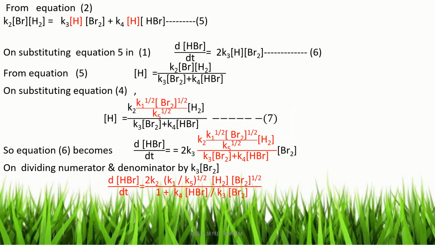Now on dividing numerator and denominator by K3[Br2], we get this equation for d[HBr]/dt, cancelling K3[Br2] in the numerator, and cancelling K3[Br2] in the first term, and dividing the second term, K4[HBr], by K3[Br2].